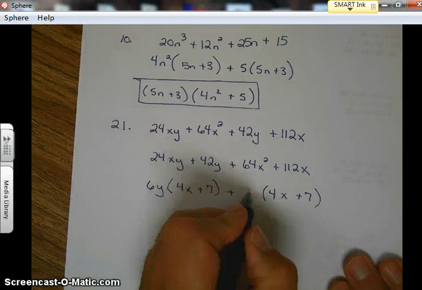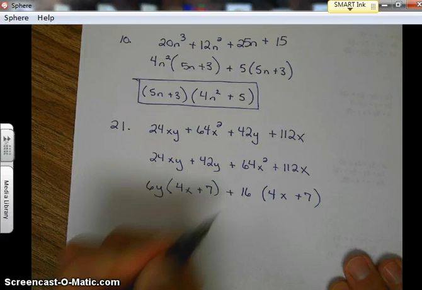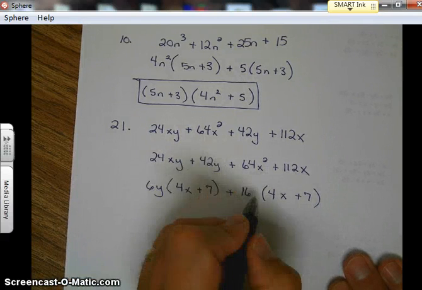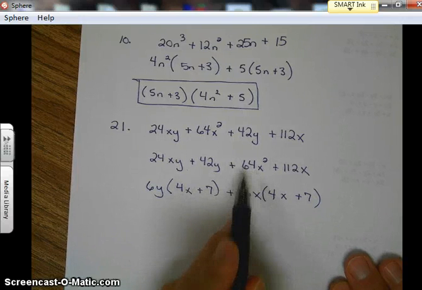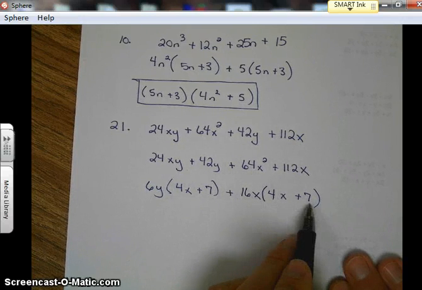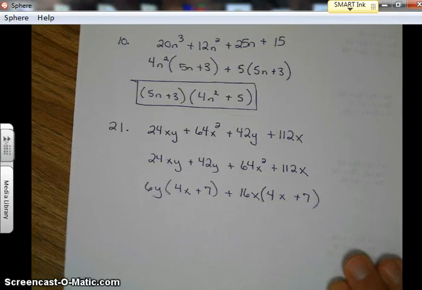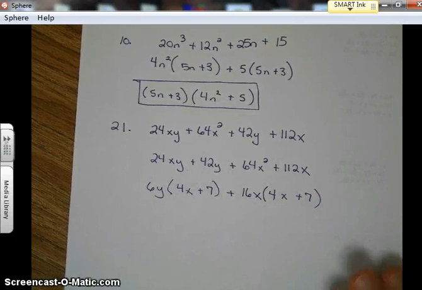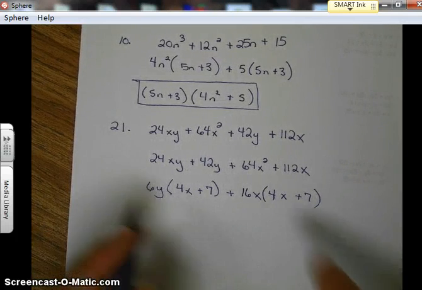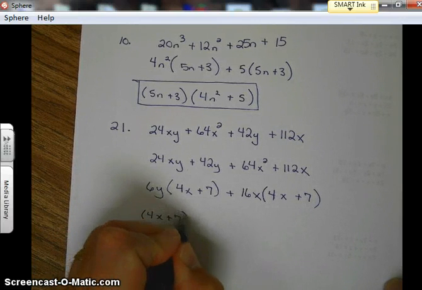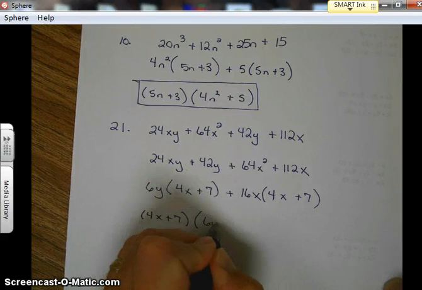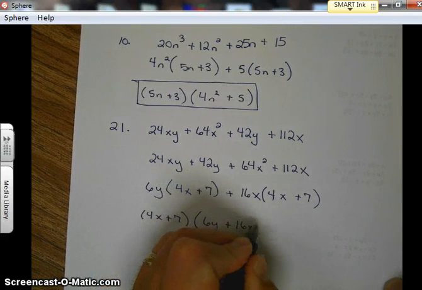Well, that's 16. And we're going to factor out an x. So 16 times 4 is 64. 16 times 7 is 112. So there you go. Okay, factoring out our 4x plus 7, we get 6y plus 16x.